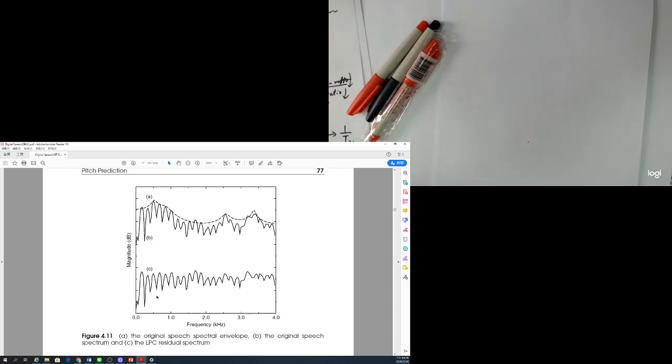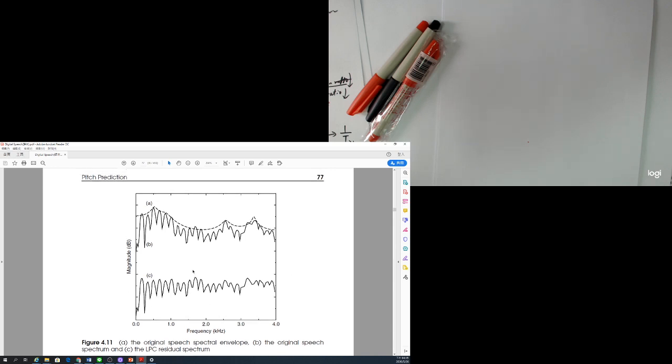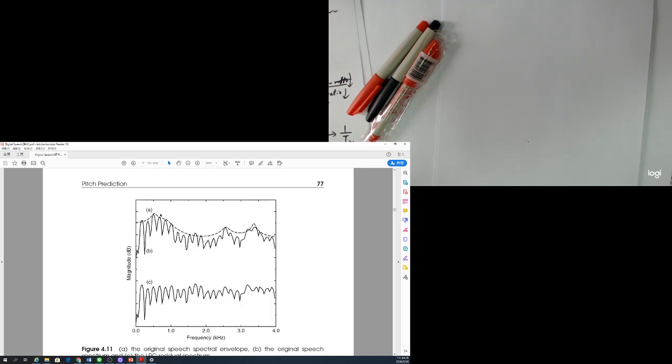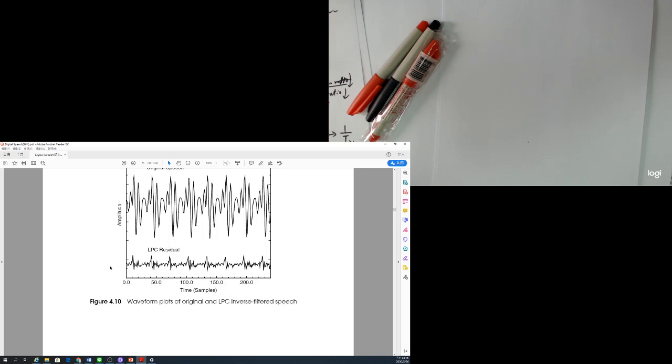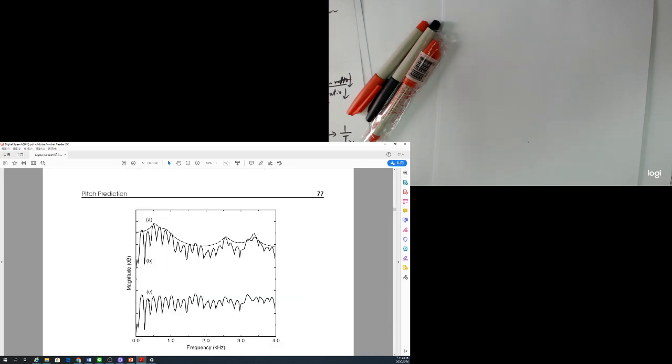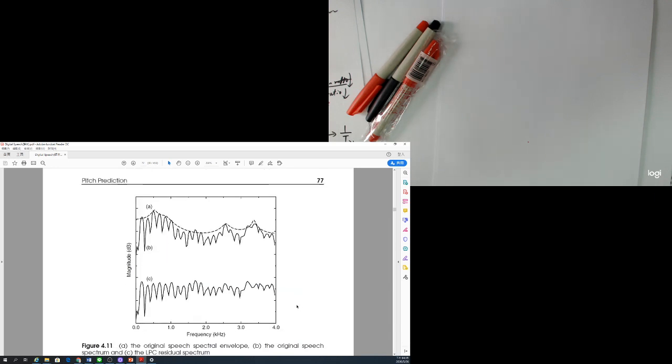Later on, the residual signal goes through the frequency domain. There is no envelope shape; it becomes harmonic. So minus 9 is the LPC waveform. We try to remove it, so in the time domain it becomes this, and then this signal goes through the FFT, the Fourier transform. So you can see more of a harmonic.